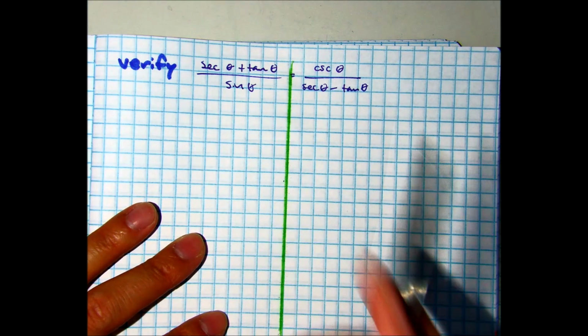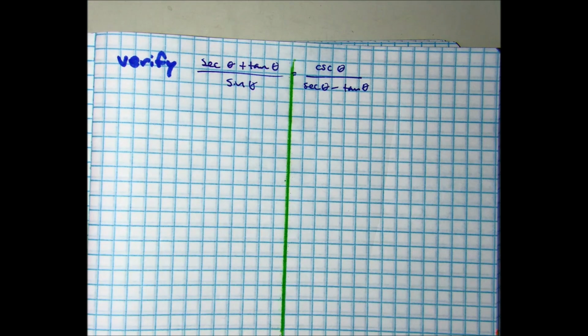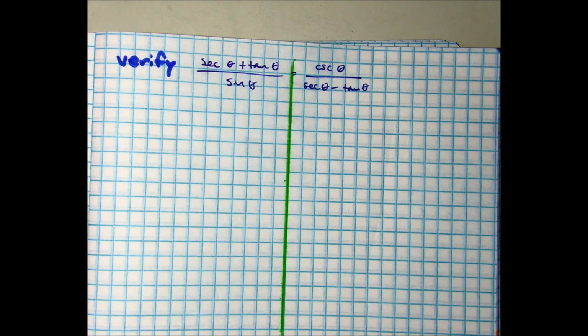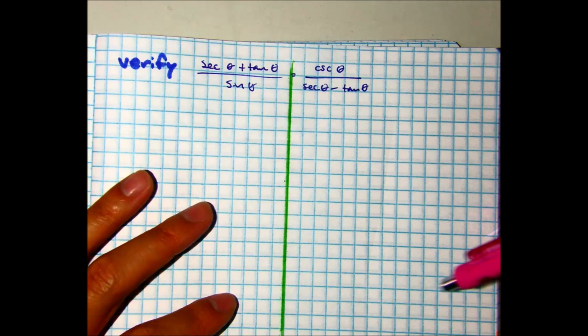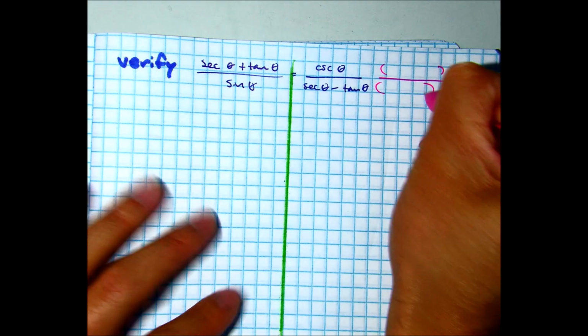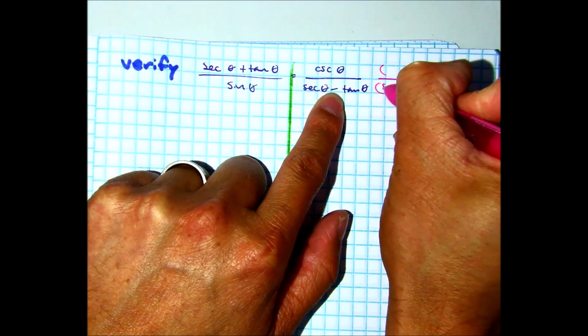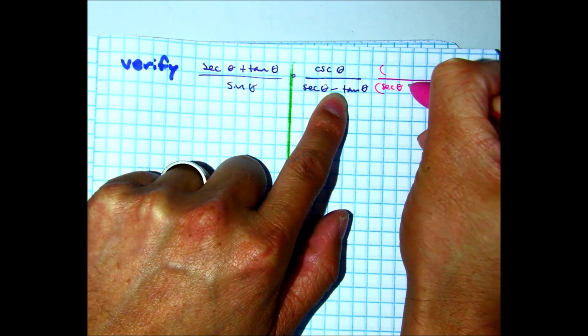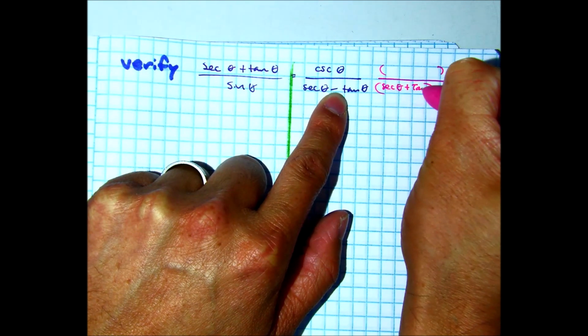Ready, set, go. Class, what's the conjugate? Secant theta plus tangent.